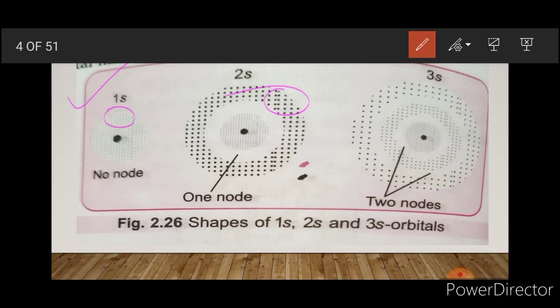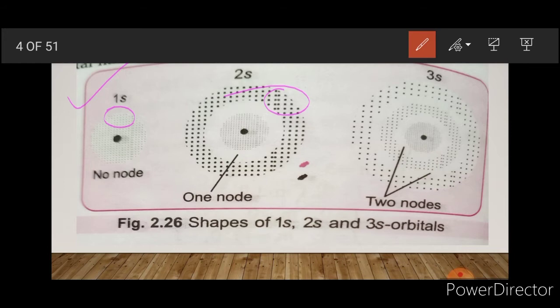For 2s electrons also, the probability is maximum near the nucleus, and it then decreases to 0 and then increases to a maximum and then decreases as the distance from the nucleus increases.